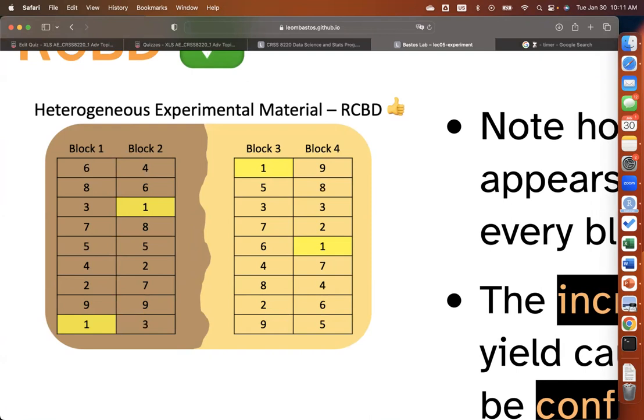What do you think? So it would be in the columns, right? Okay, so yeah, it should be in the columns. But let's just think about it, because perhaps one of the worst designs that you could have is to have known experimental material variability or heterogeneity in this case, and then do your blocks in a row style rather than a column.